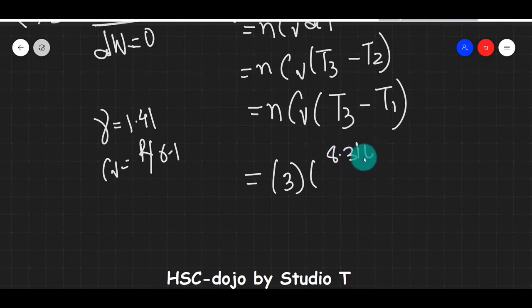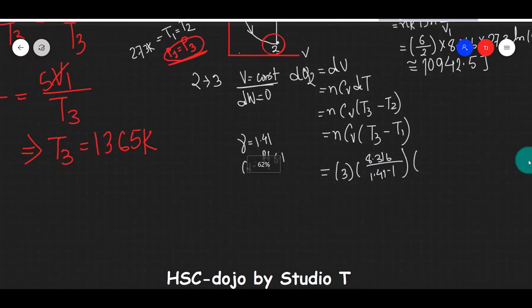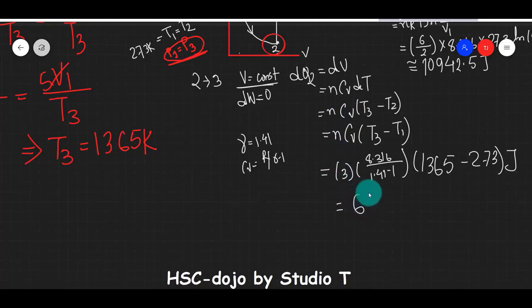R is 8.316 by 1.41 minus 1, and T3 just came out to be 1365 Kelvin, and T1 was 273 Kelvin. So this amount of heat was actually exchanged while going from point 2 to point 3 in an isochoric process.